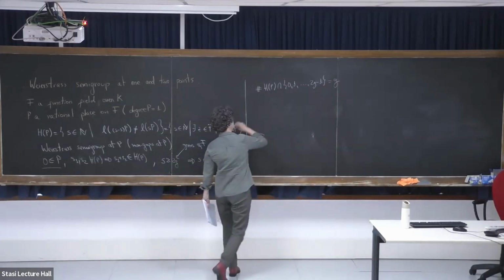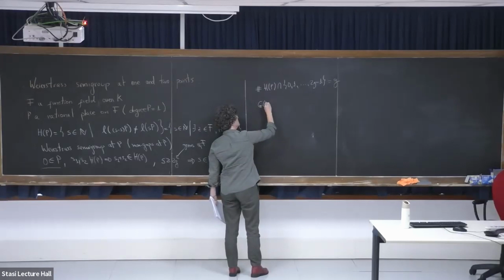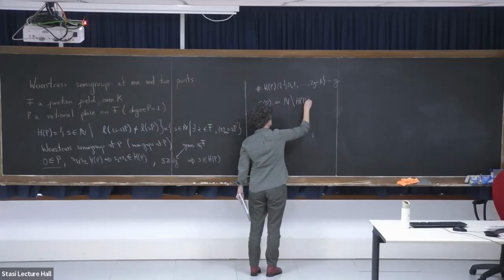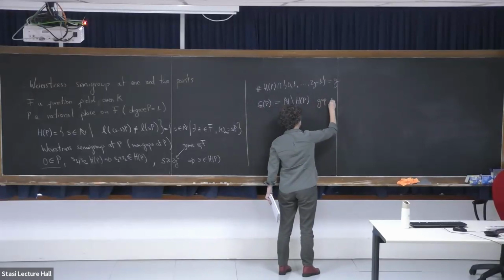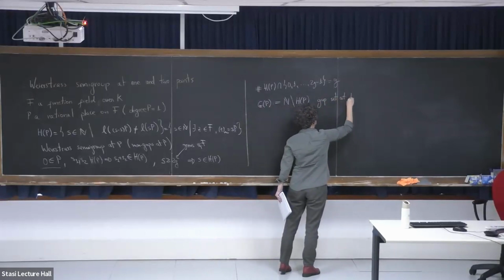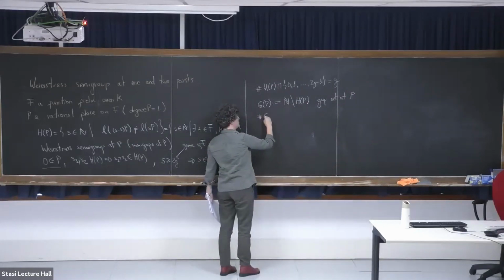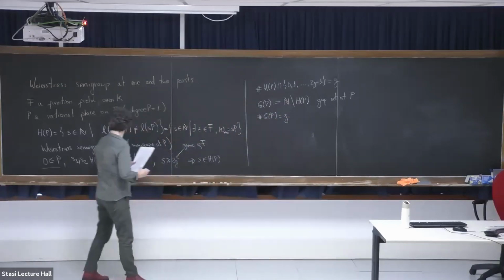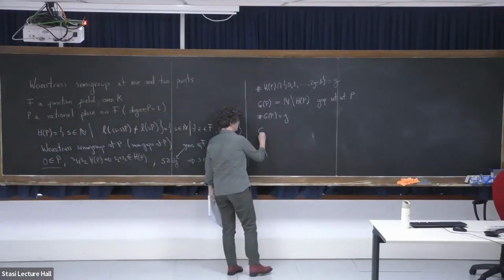A gap is just the natural numbers in the complement. So gaps we have defined as the natural numbers minus the elements in the Weierstrass semigroup. This is the gap set at P. And we know also that the number of gaps is exactly G.